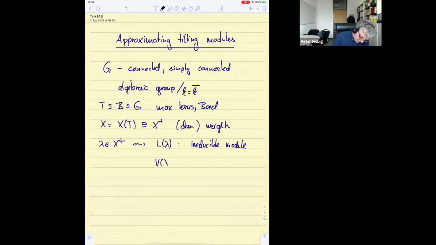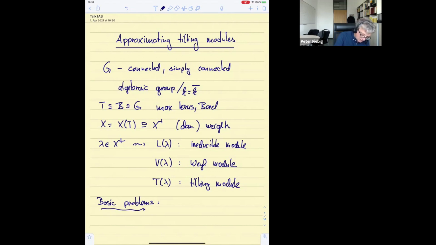Then we have the Weyl module with highest weight lambda, and we have the tilting module, T lambda, that is associated to this weight lambda. And well, we are still discussing maybe the basic problems here in this version of representation theory.